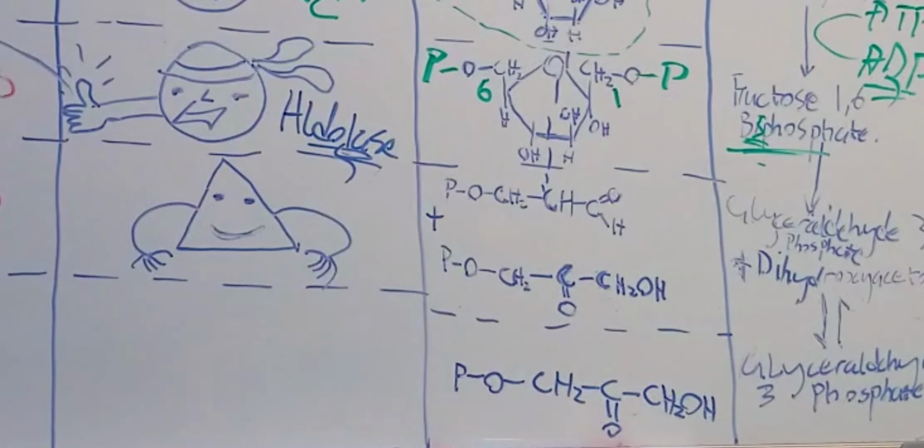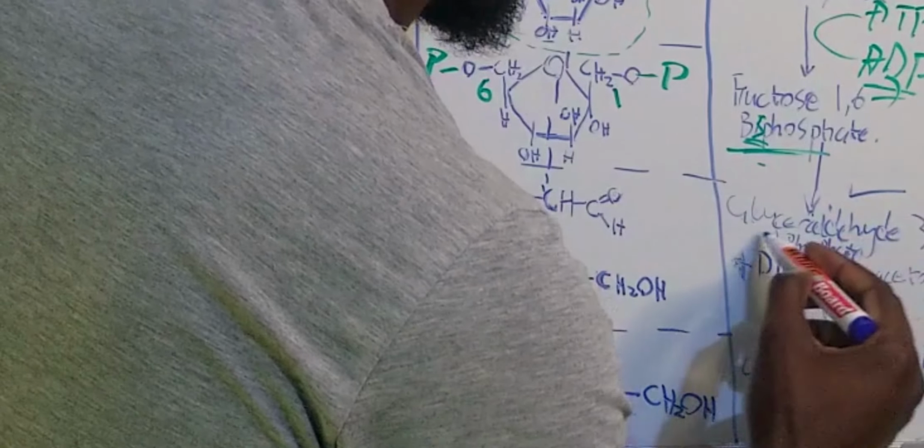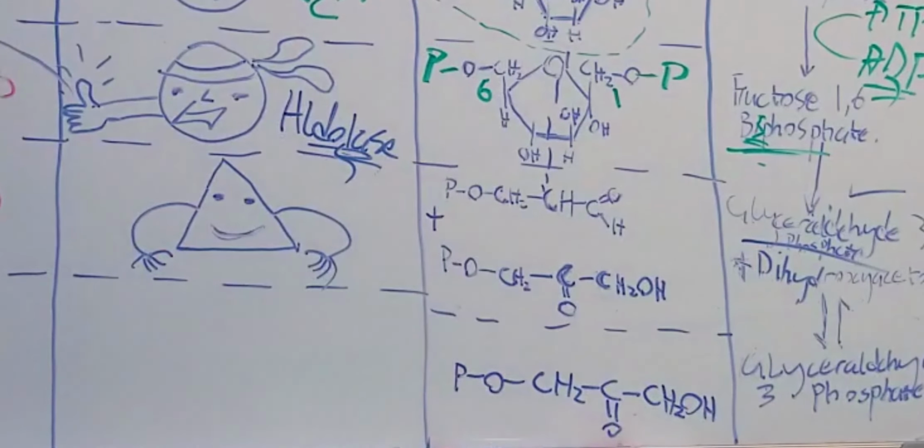The difference between these two molecules is that the glyceraldehyde 3-phosphate has an aldehyde group attached to it, and the dihydroxyacetone has a ketone group attached to it. That's just a simple difference. But in this particular reaction, the one that we're going to want is the glyceraldehyde 3-phosphate. It's the one meant for the next reaction.